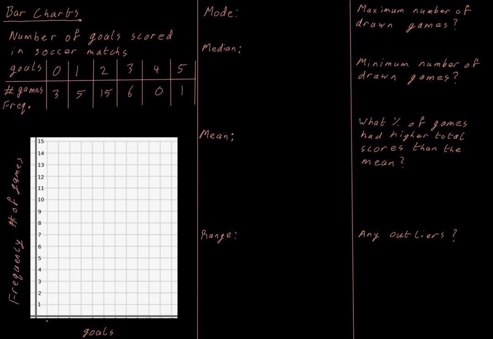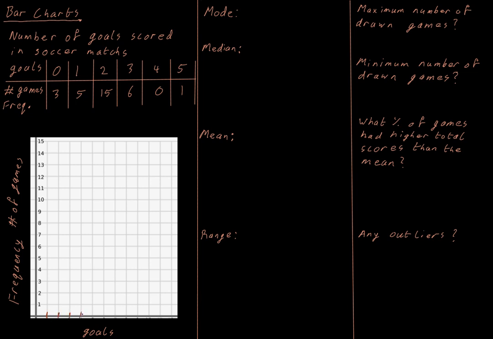So then I need to break up my goals axis. And for a bar chart, we want to make sure that we leave a gap between each one of our bars. So I'm going to leave a gap from the axis, and I'm going to put 2 lines here, and I'm going to say that that's going to be my 0 group.